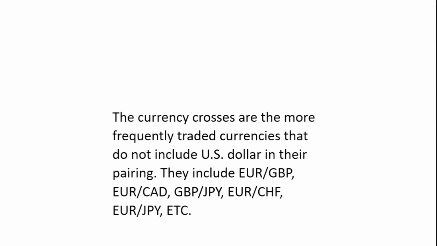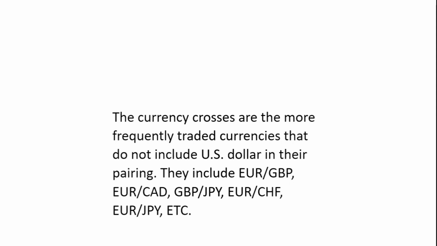And then we have the crosses. Currency crosses are the more frequently traded currencies that do not include the US dollar in their pairing. So they include the euro, pound; euro, Canadian dollar; pound, Japanese yen; euro, Swiss franc; euro, Japanese yen.